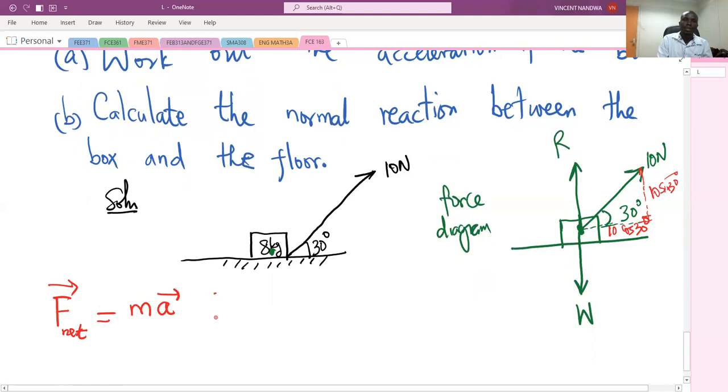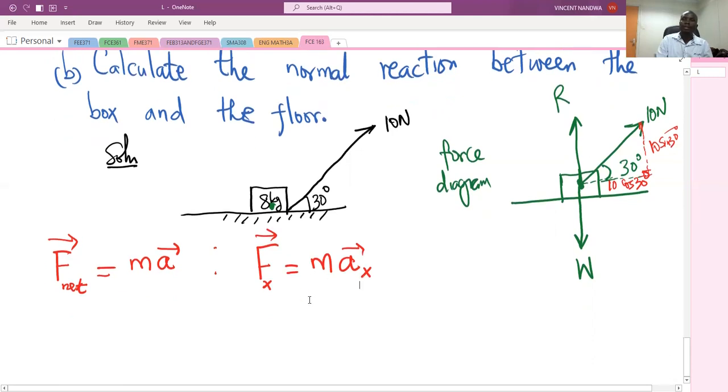Because this box is moving horizontally, the net force in the x direction is given by mass times acceleration in the x direction. The force acting in the horizontal direction from this diagram is 10 cosine of 30 degrees, which equals the mass of the box, 8, times the acceleration in the x direction.